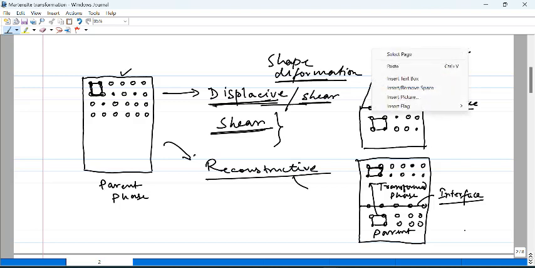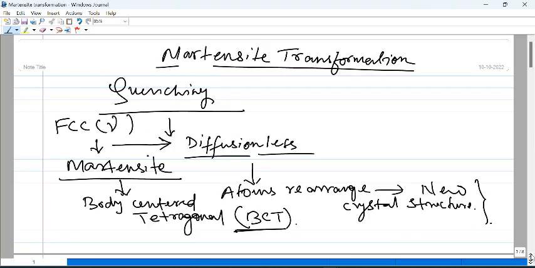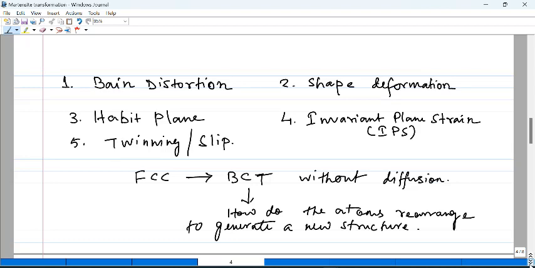Right, so once we have understood this, now we can go to the other terms that we have listed out over here. We still did not talk about the crystal structure change as to how does it happen from the FCC to the BCT? I mean, what is involved in that process? Displacive mechanism, that is a theory, that is fine.